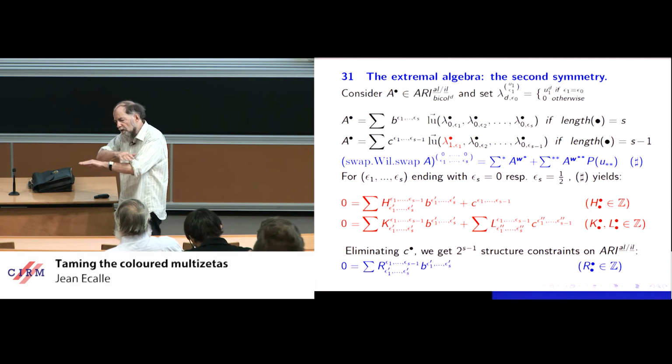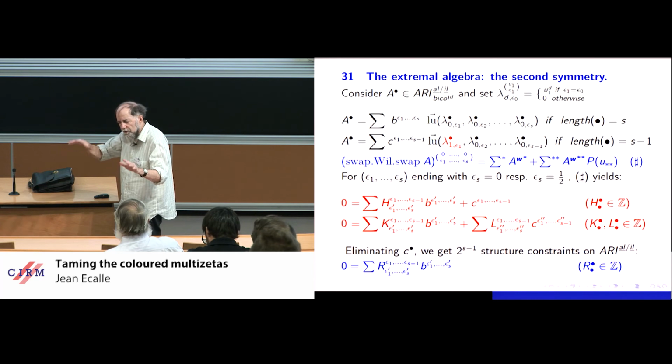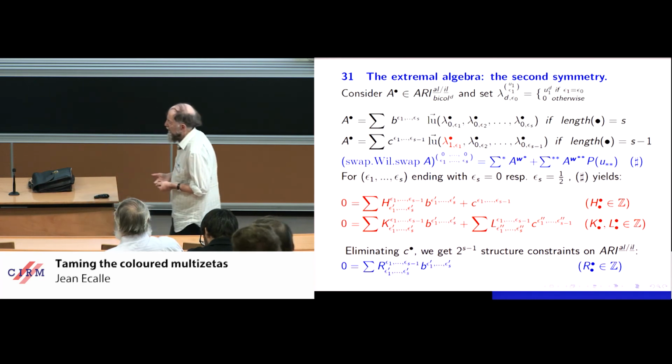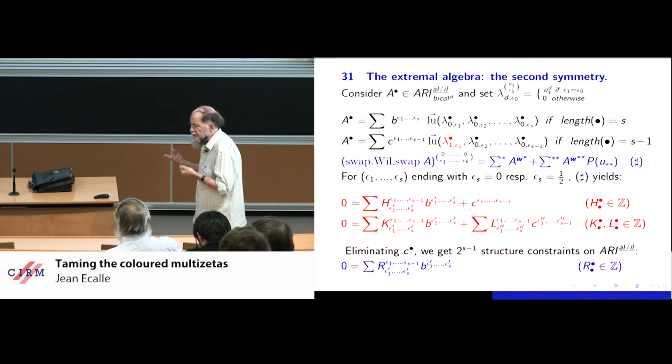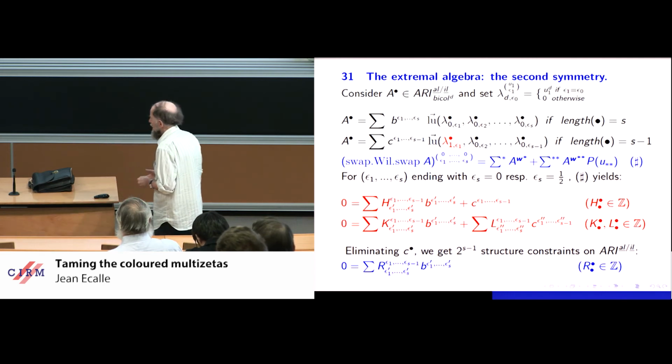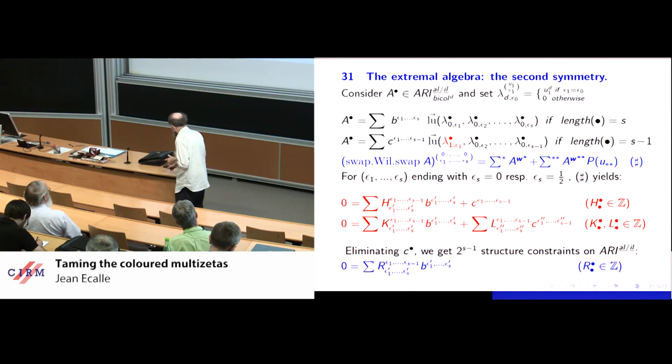So all the information is in the extremal algebra. You can forget about the rest. Of course, if you want to provide a complete solution, you will have to explain how to retrieve not the lost information but the occulted information. But this is the first step in very few words.